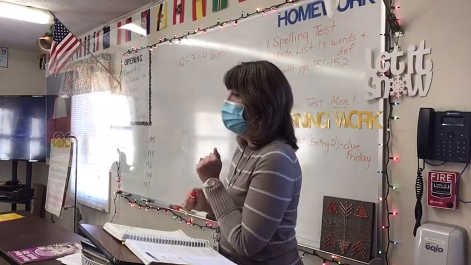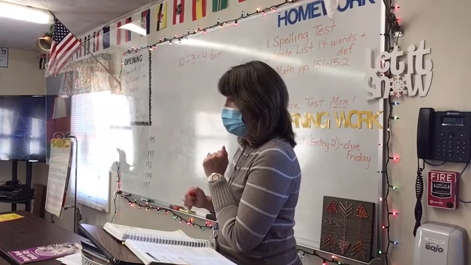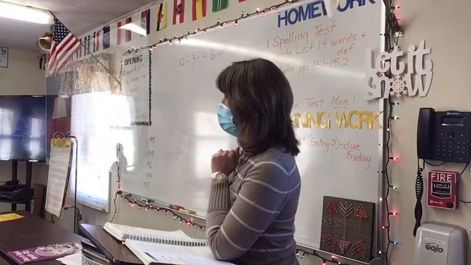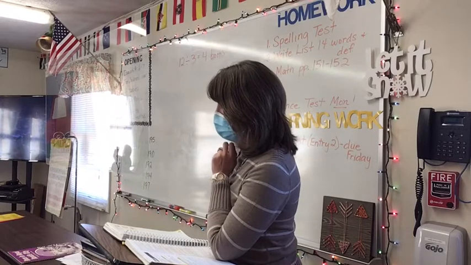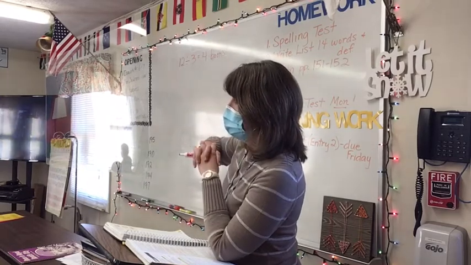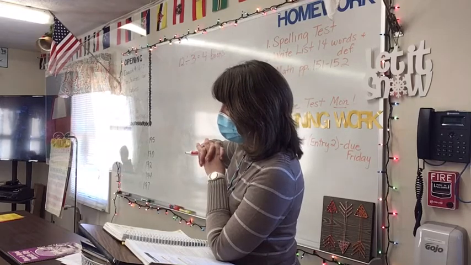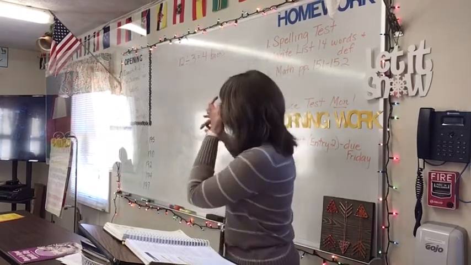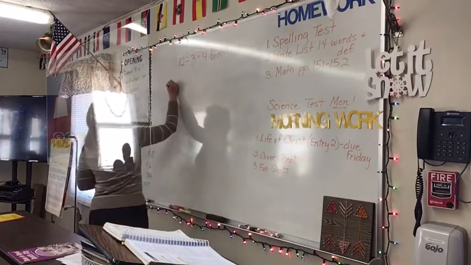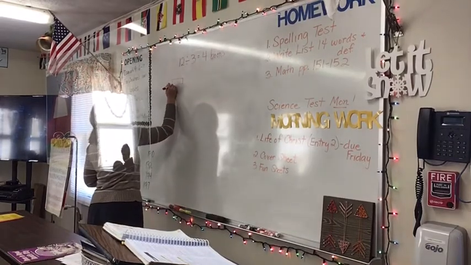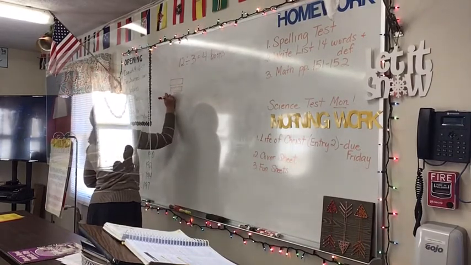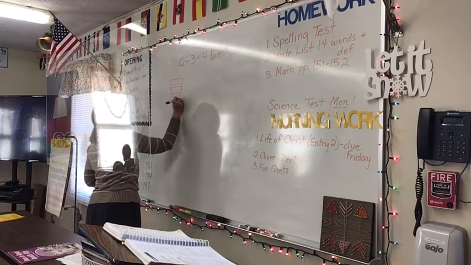Logan? We could try to draw 3 sets. Noah, do you need to move? Okay. 3 sets, and then there's 4 in each set. So we could do like this. We could do 1 book, 2 books, 3 books, 4 books.